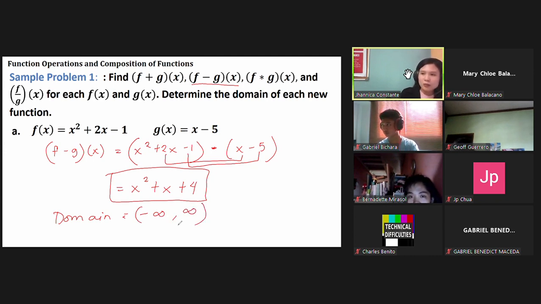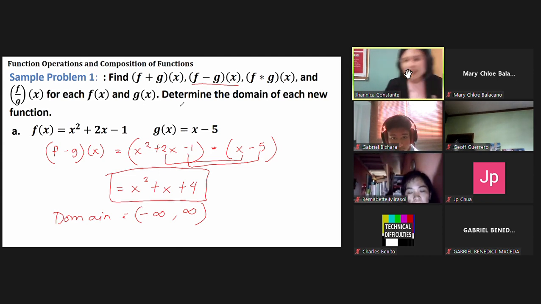All the real numbers will be the value of x, or our domain, since we have the difference x squared plus x plus 4. Okay, that's it for this example, which is subtracting. Can I clear the screen?